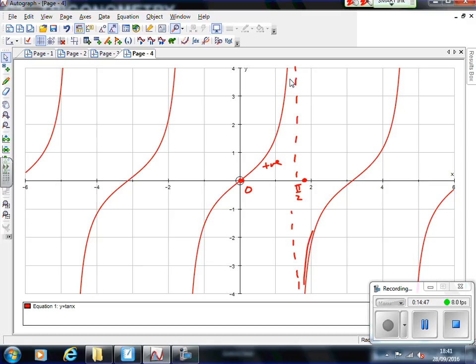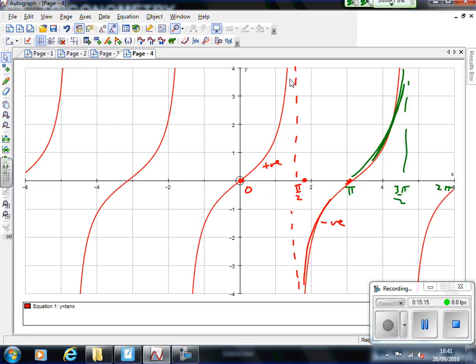Between pi by 2 and 3 pi by 2, tan is negative. Between 3 pi by 2 and 2 pi, sorry. Where are we? Hang on. 0, pi by 2, pi, 3 pi by 2 and 2 pi, sorry.